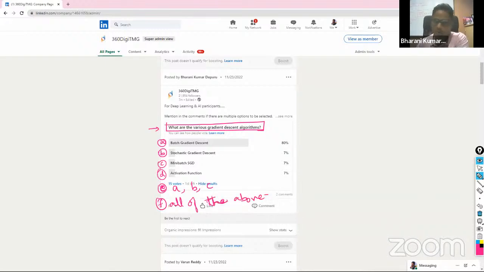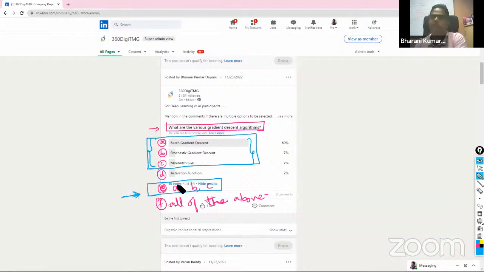Then what answer would you go with? Wonderful. A lot of you all are going with E, and that happens to be the right answer. So you have batch gradient descent, stochastic gradient descent, and mini batch stochastic gradient descent. All of these 3 happen to be the gradient descent algorithms which we have discussed.